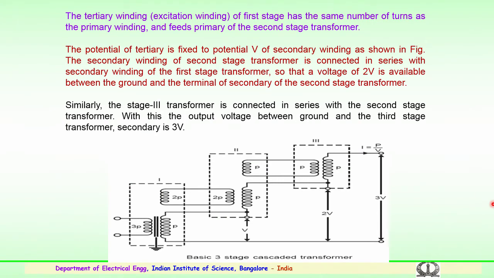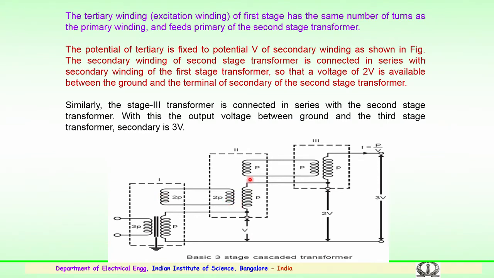Basically, the cascade connection is shown here. You have a transformer here, the first transformer. From the winding on the first transformer, a portion of the winding, an exciting winding or a tertiary winding, is taken out, and this forms the primary of the second transformer.